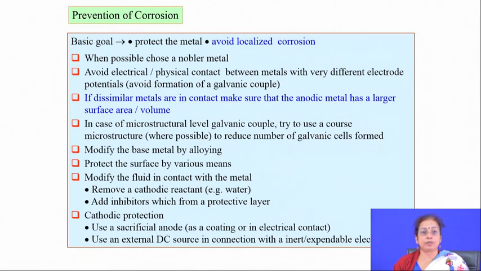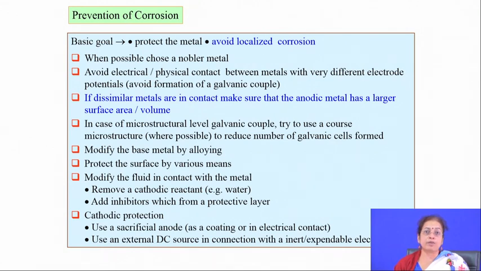You have to follow the proper thumb rule for designing dissimilar components particularly. In case of microstructure level galvanic couple, try to use a coarse microstructure to reduce the number of galvanic cells. In other words, try to use a homogeneous component with homogeneous microstructure, so that there is no possibility of formation of microgalvanic cells.